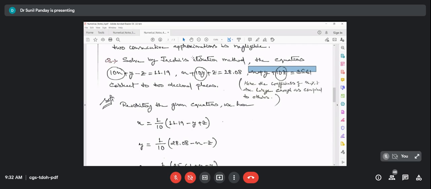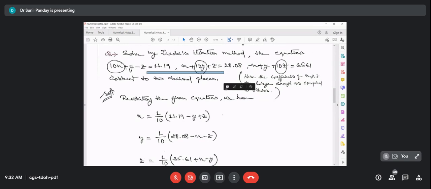So now we have to perform Jacobi iteration such that our accuracy is to 2 decimal places. The first job is, whichever variable is dominating, like here x is dominating, we divide this equation by 10. So we have taken everything to the right side and then divided by 10.